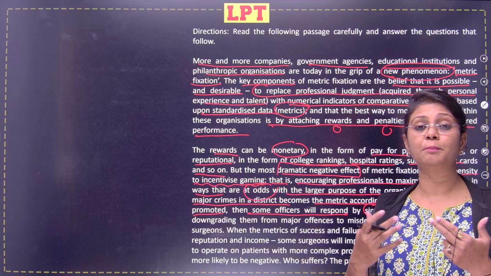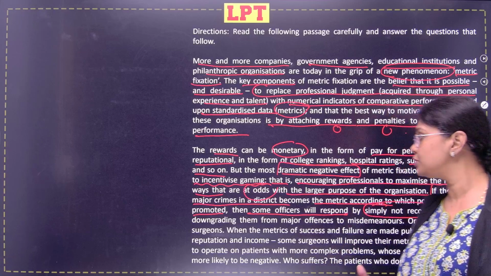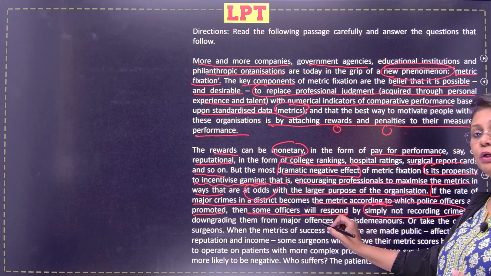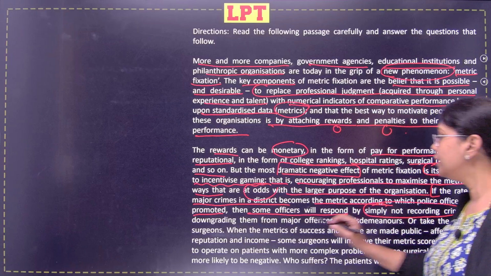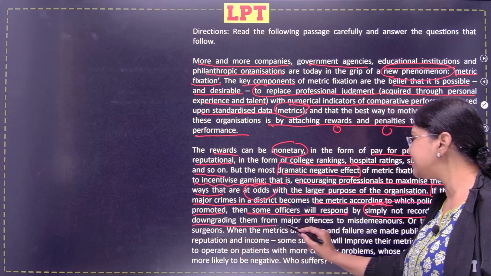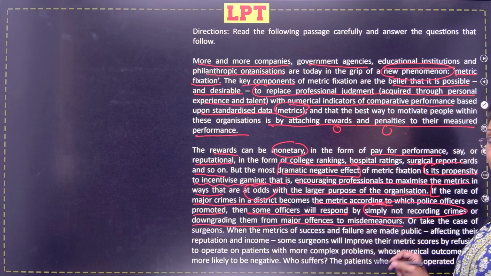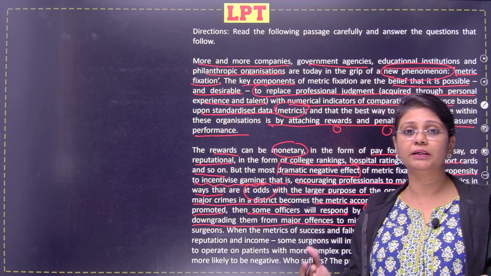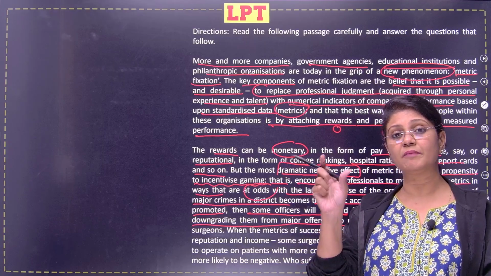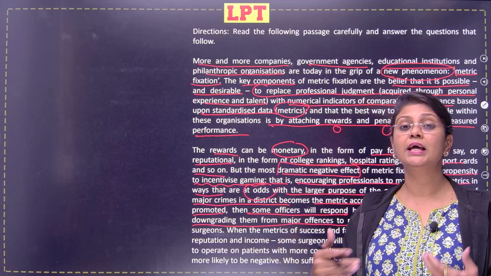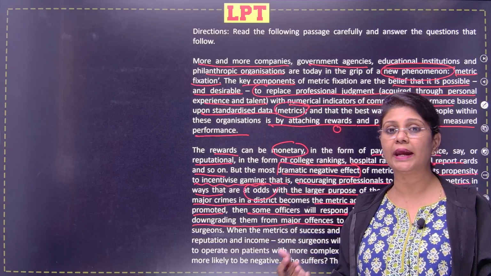If it is a metric based evaluation, some officers will simply not record the crime, or will downgrade major offenses to misdemeanors. This is something which should not be done in the first place, but because you have got metric fixation in place, and certain metrics that need to be fulfilled, this is what some officers will end up doing.